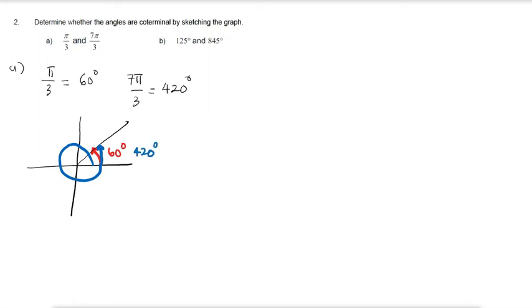You can confirm that by 420 minus 360 degree, you will get 60 degree, which is the same terminal side. Therefore, we can see that pi over 3 and 7 pi over 3 are coterminal.